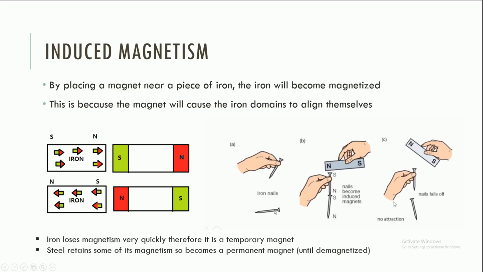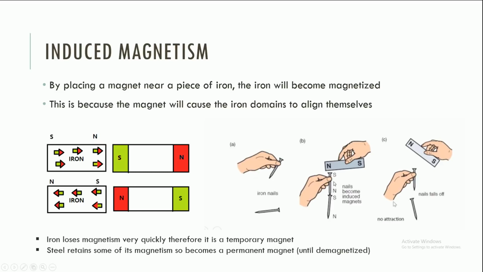And so iron as a substance loses magnetism very, very quickly, so when it does get induced with magnetism, it becomes a temporary magnet, right? However, steel, which is of course largely made of iron but other things as well like carbon, retains some of the magnetism without losing it completely.